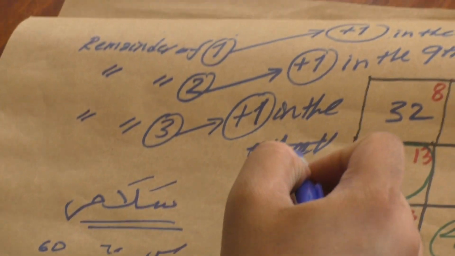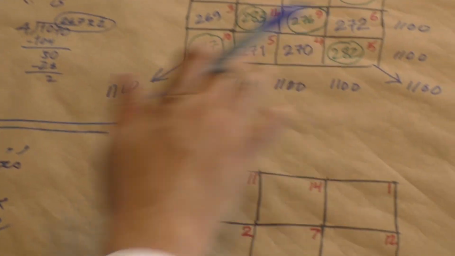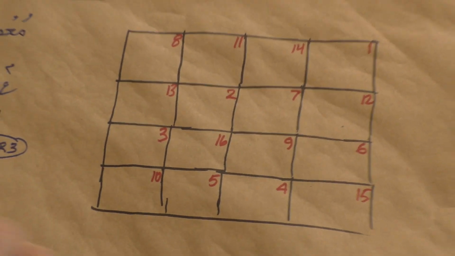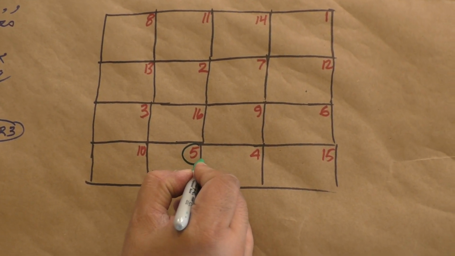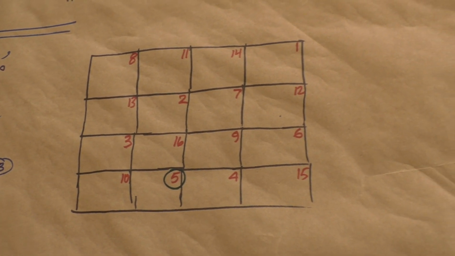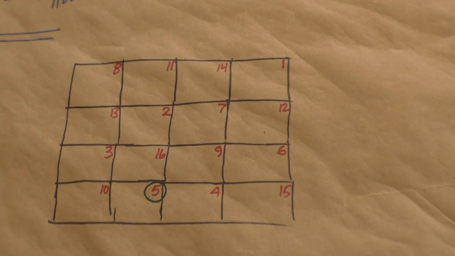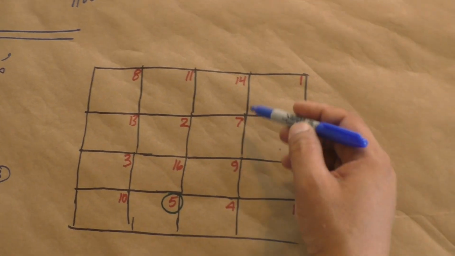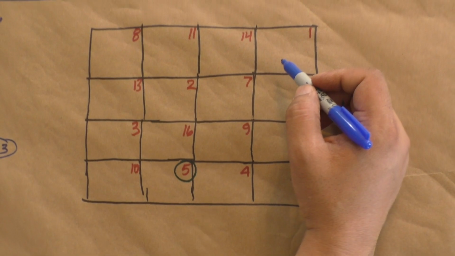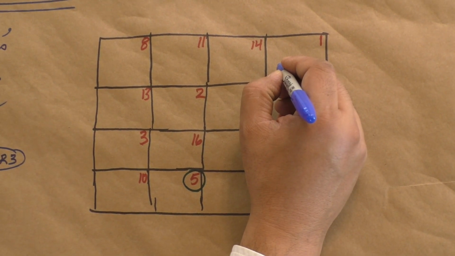So that means if we go all the way back up here, that remainder 3 means you add 1 in the 5th cell. Wow. So let's go over here and circle the 5 so we don't forget. So the numbers are going to increase very, very early on. We start at the 1 position with 24 remainder 3.